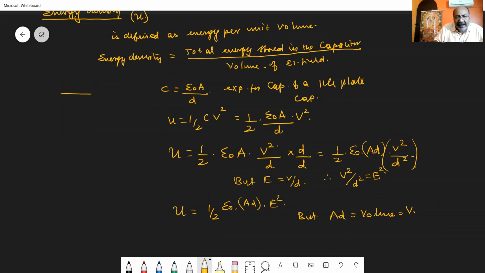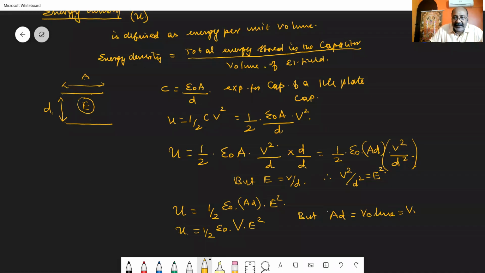In a parallel plate capacitor, the area of the plate is A and the distance between the two plates is D, and only in between the two plates do you have the electric field. So area into distance gives the volume in which the electric field is available. So A into D is volume, and the potential energy is half into epsilon 0 into volume V into E square.